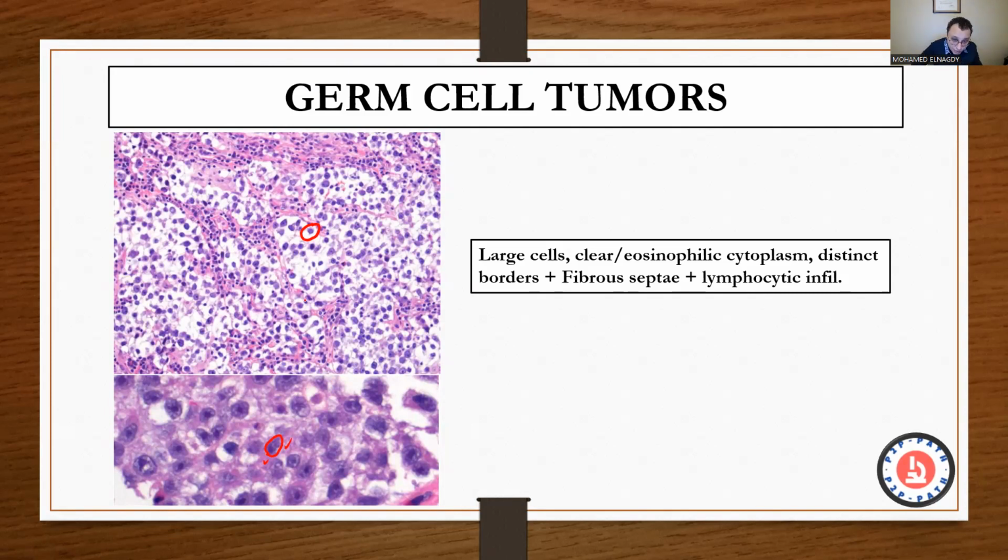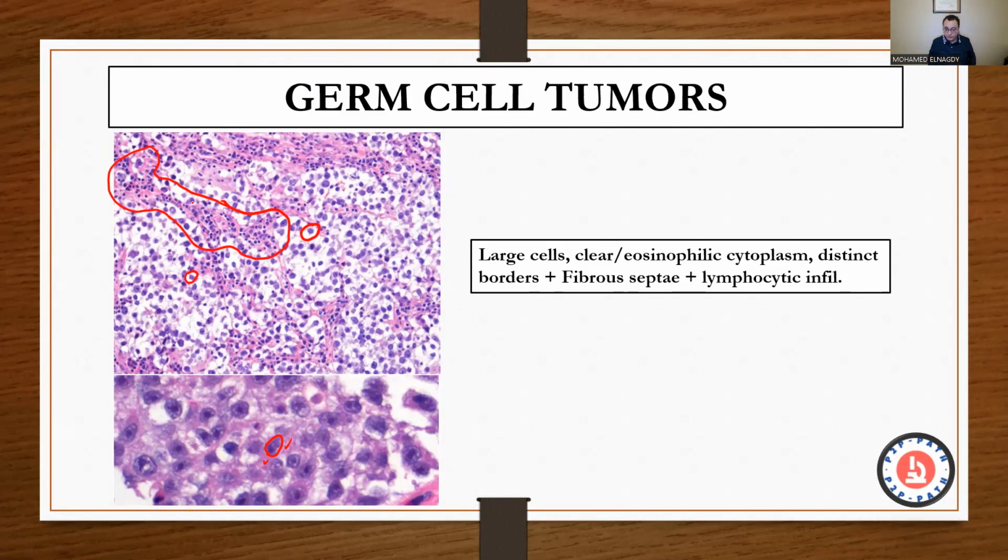Still, you can clearly appreciate the cell borders. There is a line representing the cell membrane. I can see the cell border of each cell. And there are fibrous septi in between these cells, making islands. This is a very important microscopic feature: the fibrous septi are infiltrated by lymphocytes, tumor infiltrating lymphocytes.